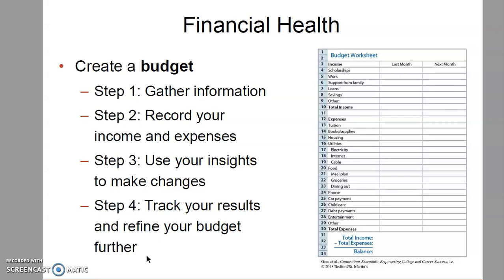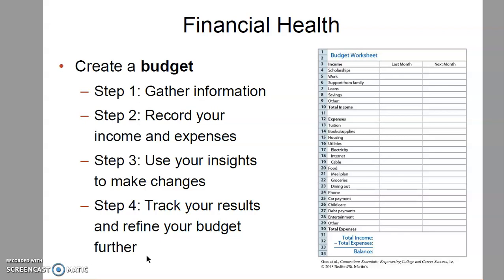Those would be variable expenses because we usually don't have them every month or every week, or if we do, they change a lot. So again, recording your income and your expenses is step 2, and you're looking at your expenses as fixed or variable.